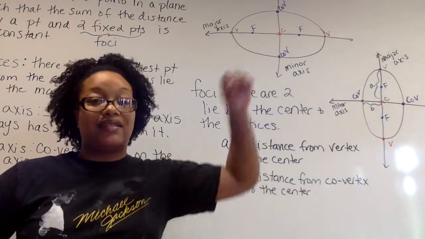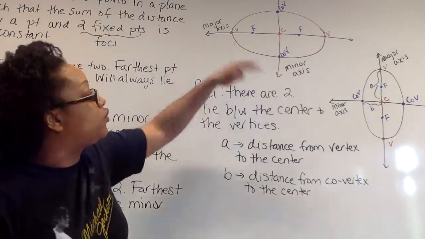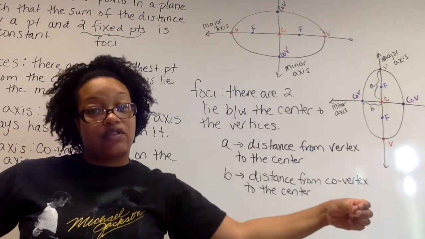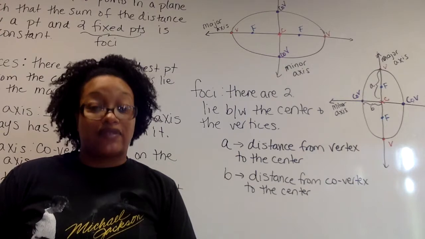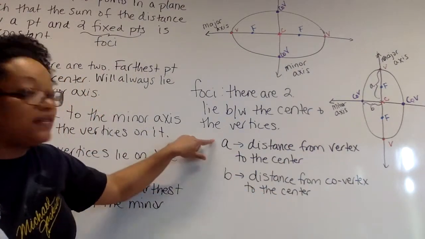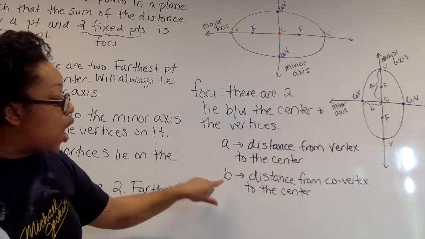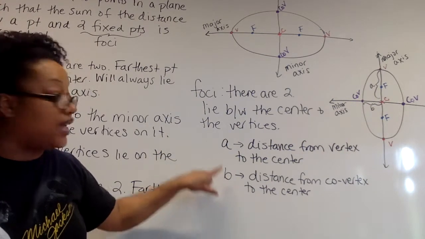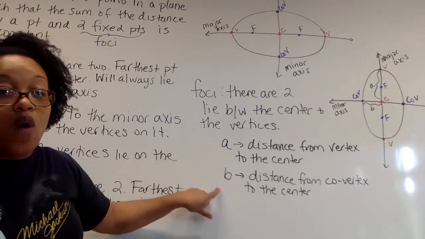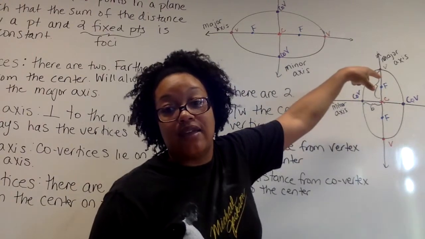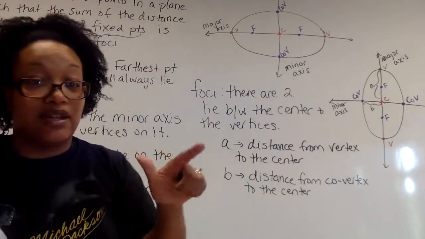Because the major axis is going to be longer, and it doesn't matter which one we're talking about, your vertices are going to be further away from the center than the co-vertices. So that means that your distance A will always be greater than your distance B. If you want to write that down, you can. I'll say it again. The distance A will always be greater than distance B because it's a further distance away. That's going to be important in a second.